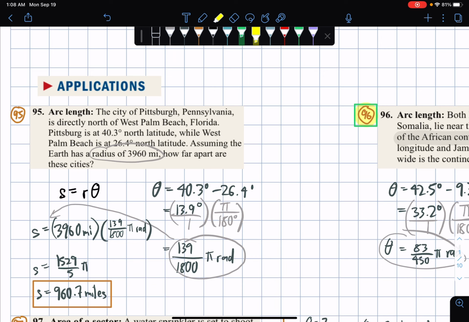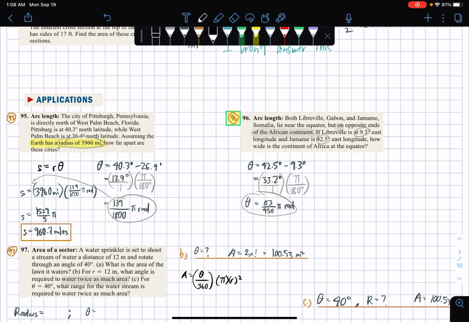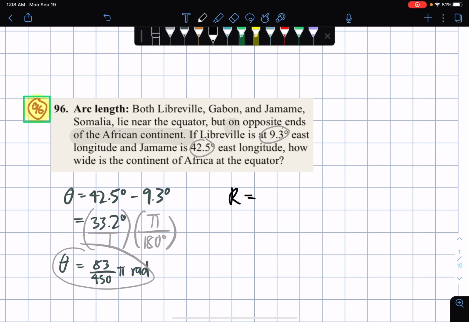I did some research, and the radius of the Earth is actually 3,960 miles. This is an actual value, so you always keep that in mind. Radius of Earth is equal to 3,960 miles.